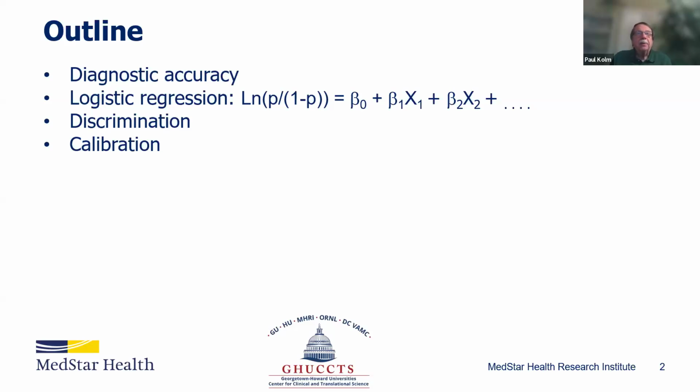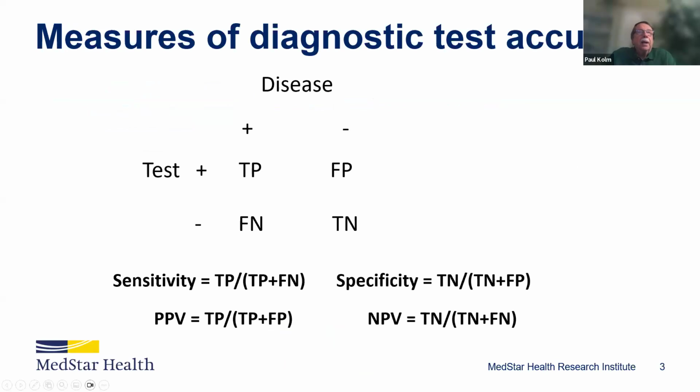So the basic idea here is to be able to diagnose. In the situation where we have just this 2x2 table, familiar to probably most everybody, we have a test that's dichotomous, either yes or no, positive or negative, and then we have the disease, whether the patient actually has the disease or doesn't have the disease.